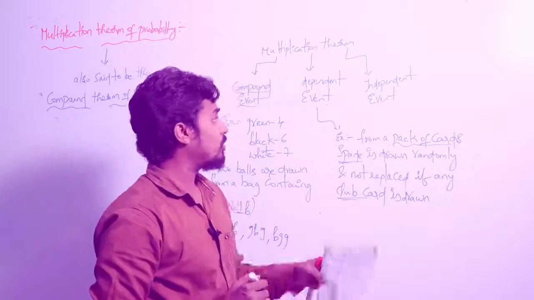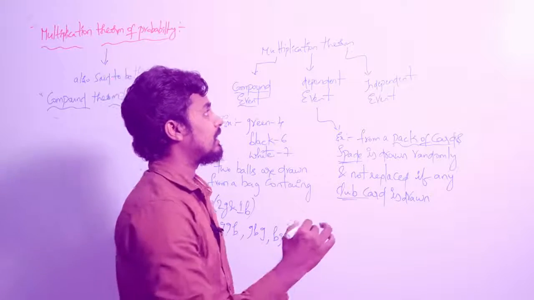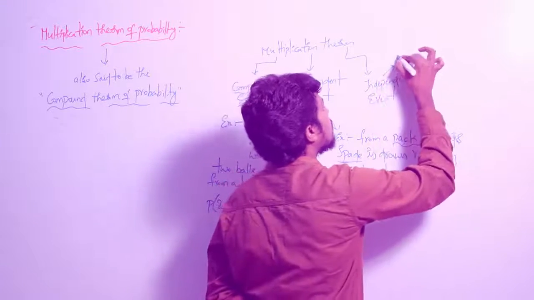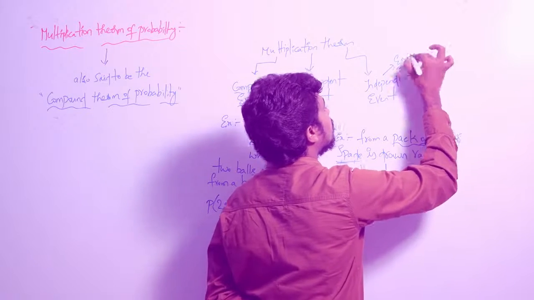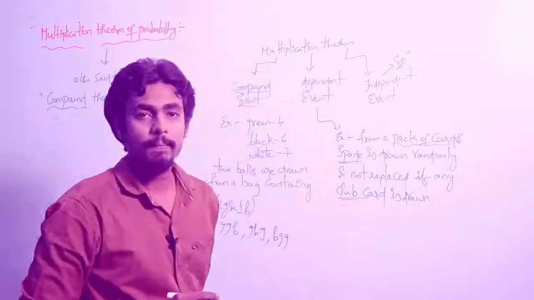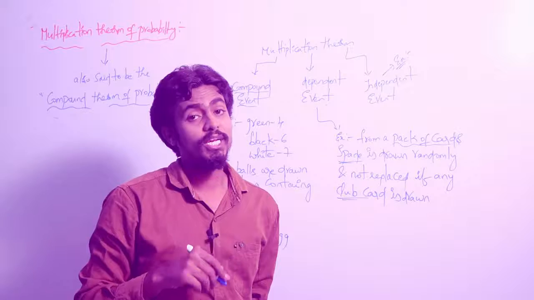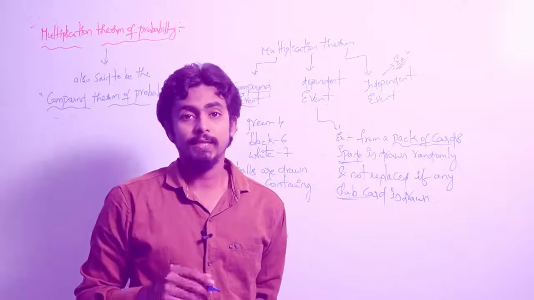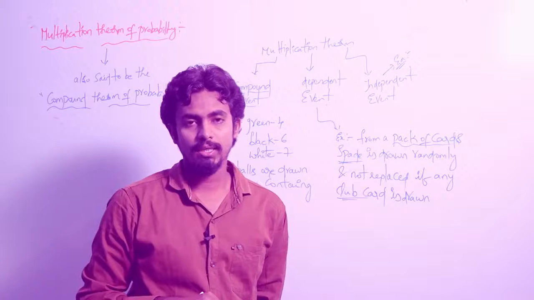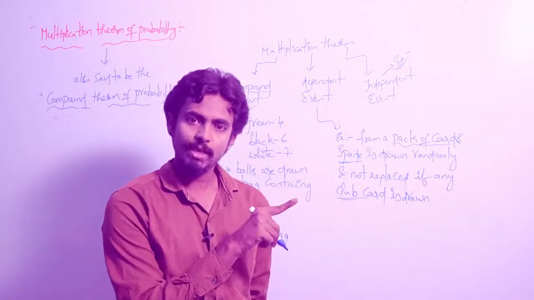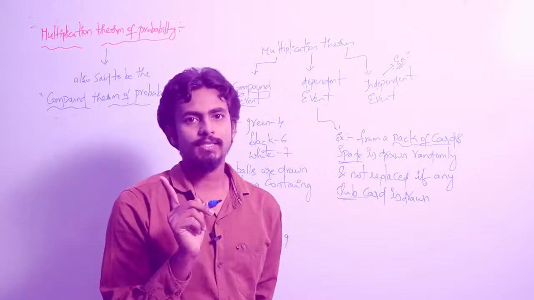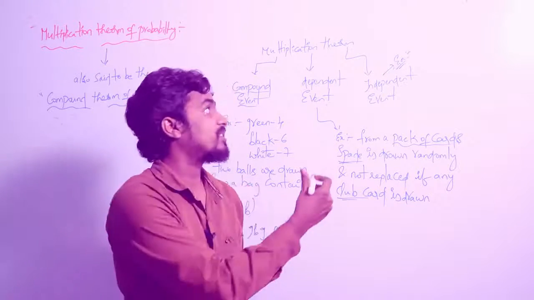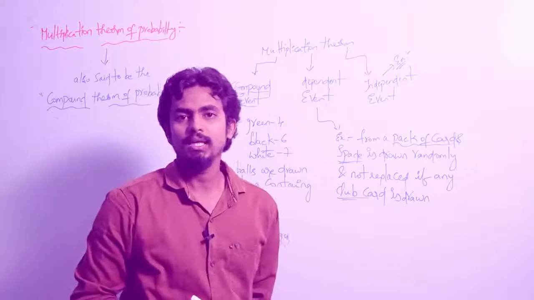For example, if you take the independent event, independent event example: if you want to roll a dice as well as toss a coin, either it may be head or tail. Tossing a coin is a different event as well as rolling a dice is also a different event. Hence this will be said to be the independent events.